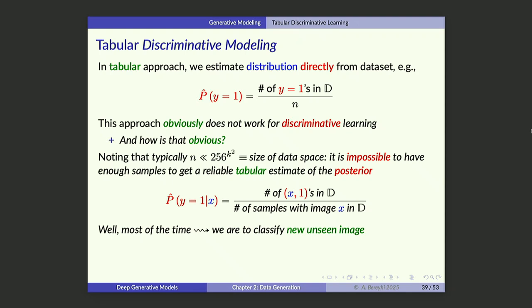Now, how many of them has label 1? 1, right? Then I'm going to say, okay, I have 2 samples with image x1 in it, and one of them is labeled as 1, so the probability is 1/2, right? Everybody's clear? So this is the way that you can approximate this conditional distribution. Because it says what is the chance of label being 1 given that image is x1.